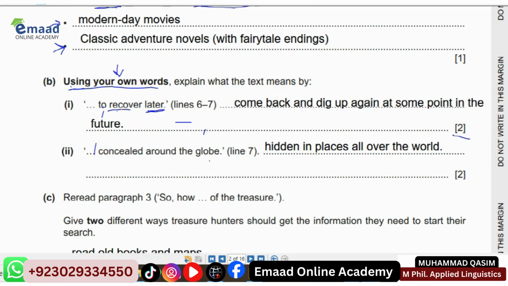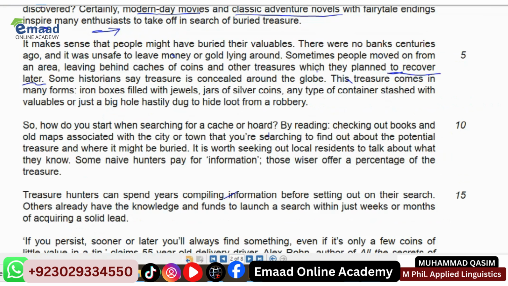Now concealed around the globe in line number 7. So do not decide the meaning without reaching the text back. Here it's line number 7. Some historians say treasure is concealed around the globe. Okay, here is the phrase found. Concealed around the globe.